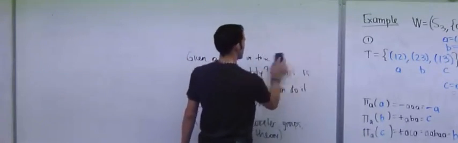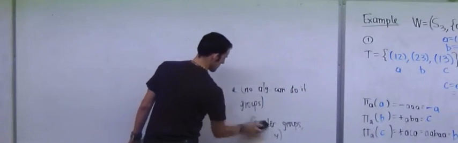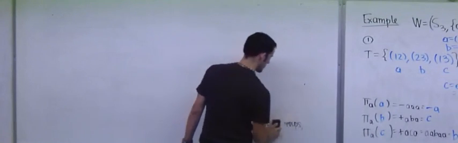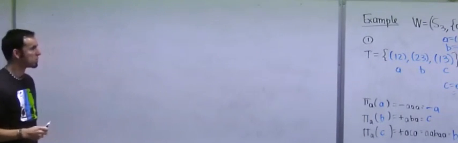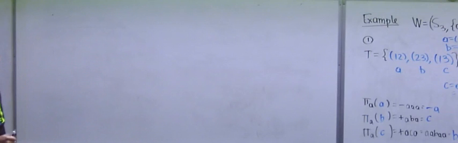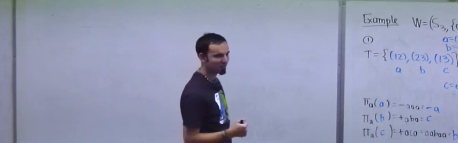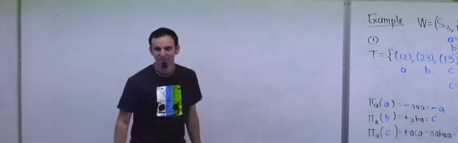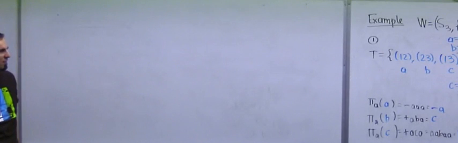Pi of W is a normal subgroup of S_T^B? Exercise: it should follow from the first isomorphism theorem.